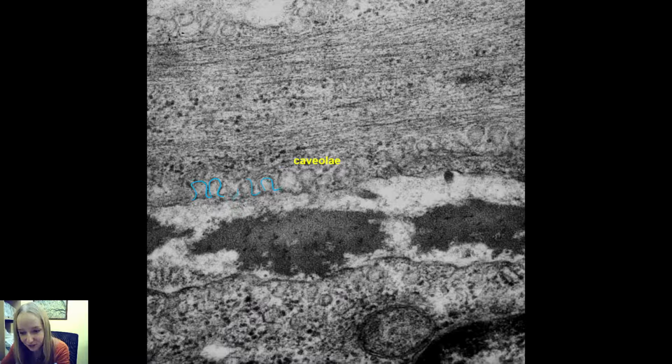Okay, that's very cool. Here we have another membrane of another smooth muscle cell. So here we have also caveolae over here. Some kind of elastin going on over here. The extracellular matrix is here.